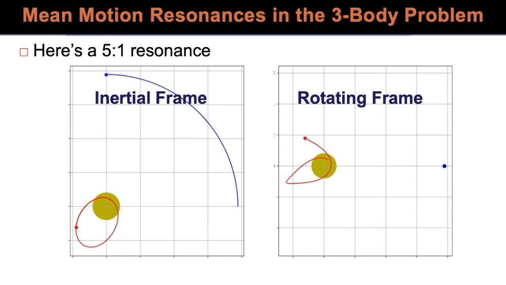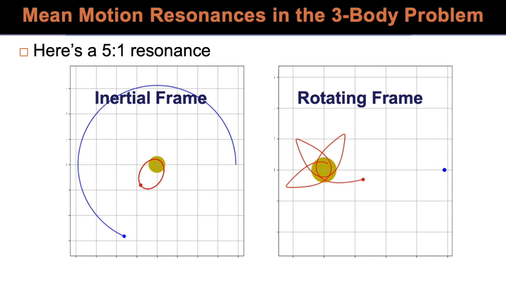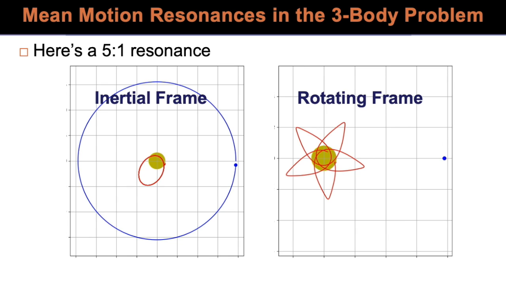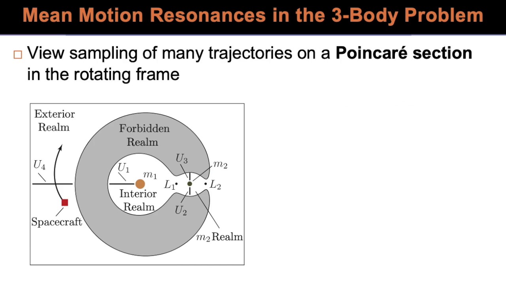And just for fun, here's a 5-1 resonance, a red trajectory that's in both the inertial and rotating frame. The 5 petals reveal that it's a thing. If we want to see not just individual mean motion resonances but all the dynamics at once, there's a technique from nonlinear dynamics.